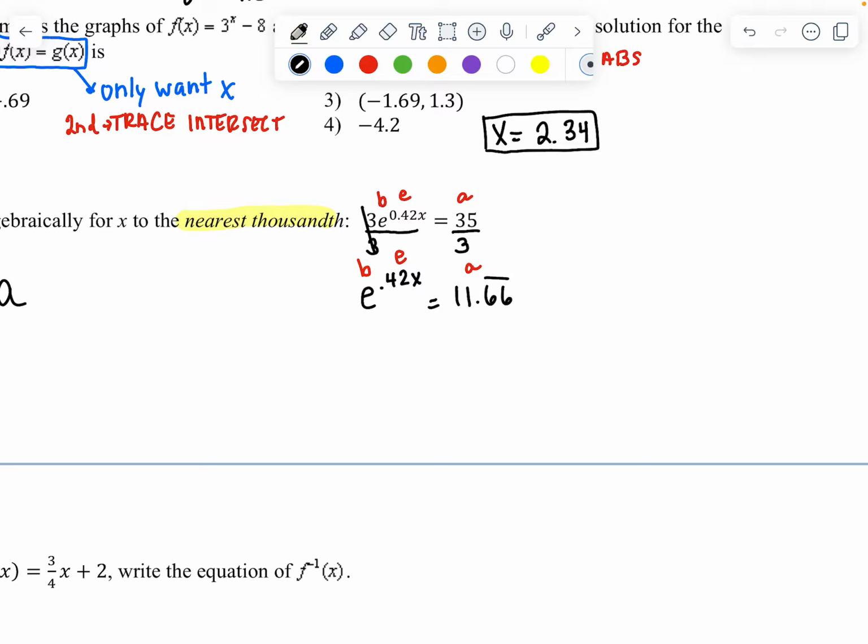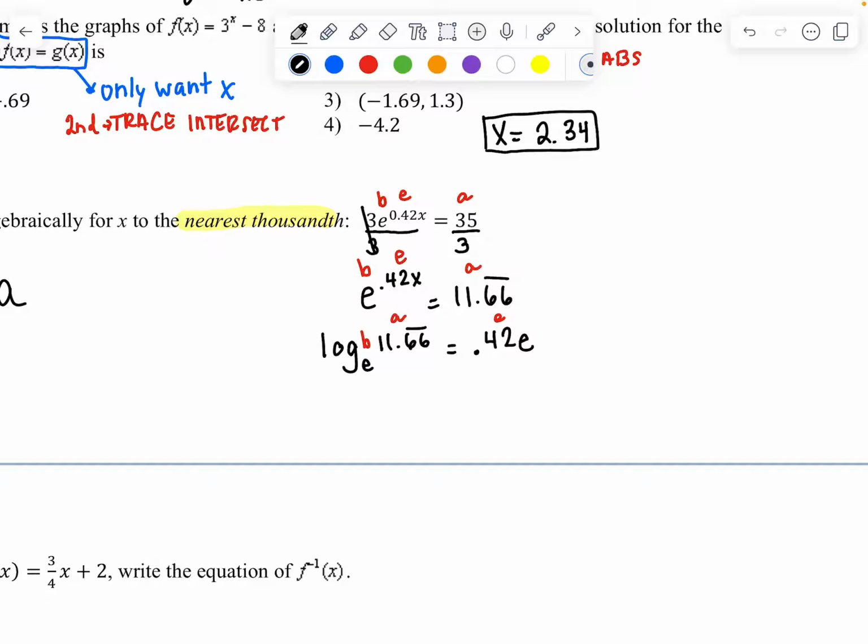Now when you put this into log form, you want to put the base on the bottom. Then you want to put your answer. And the whole point of this is to put your exponent by itself. So this is base, answer, exponent.